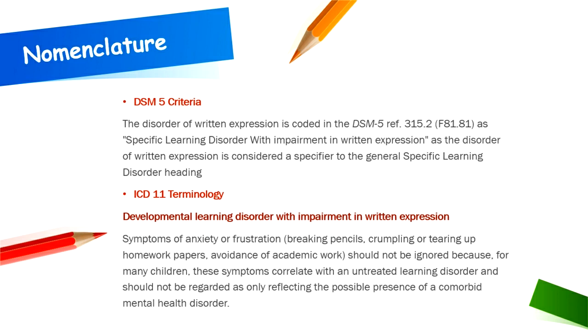Other synonyms for handwriting problems that you may see in the literature or used by other professionals are dysgraphia, specific learning disorder with impairment in written expression, developmental expressive writing disorder, developmental agraphia, developmental spelling disorder, written expression disorder, disorder of written expression, or disturbance in spelling. As mentioned earlier, not enough is known in relation to differentiating these different terms.